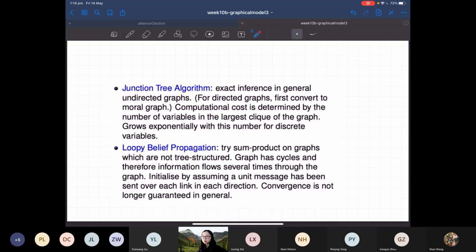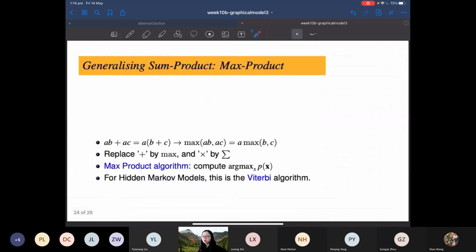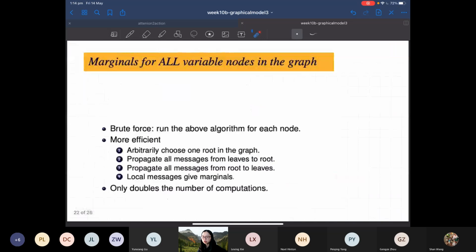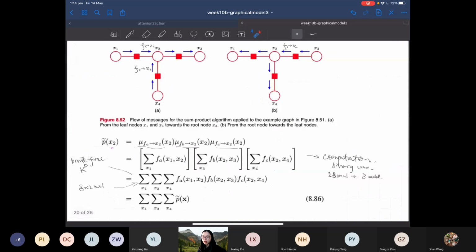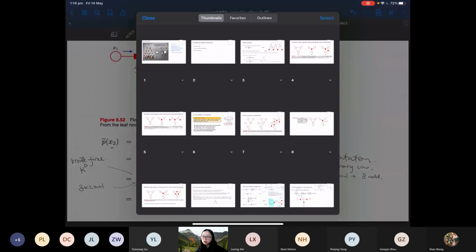So the computational complexity for the sum product algorithm is actually dominated by, we basically were saying that long sums are bad, right? And the long sums are essentially the size of the largest undirected clique again.